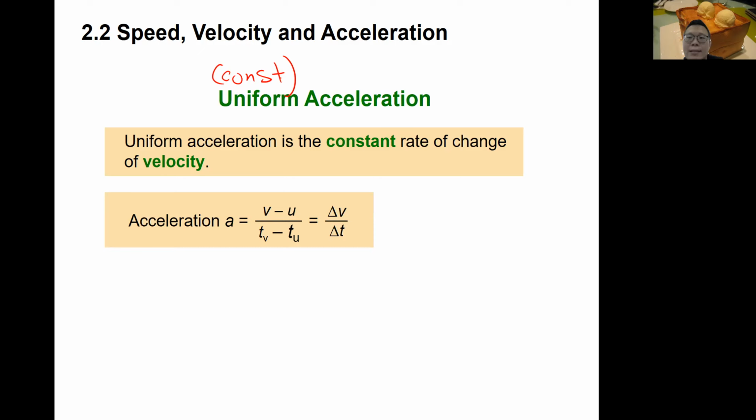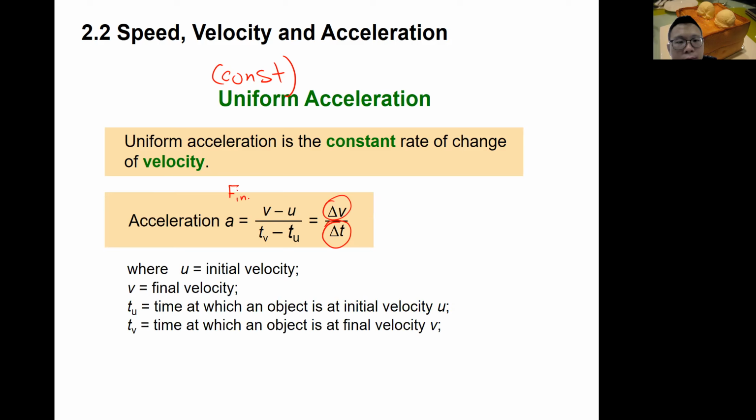But in general, acceleration is governed by one formula: the change in your velocity per unit time. The change in velocity I can further break down into final velocity minus initial velocity.